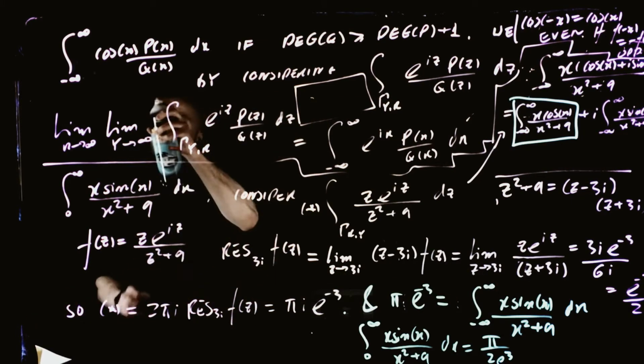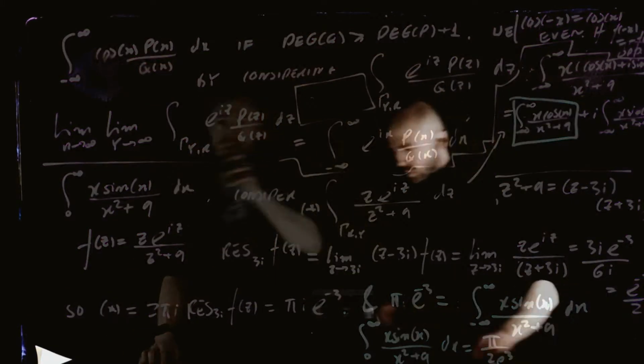Let's learn some more stuff. Okay, so there are situations where we want to calculate an integral, and we actually have a pole on the real line. And if we have a pole on the real line, then our methods just don't work in the same way.